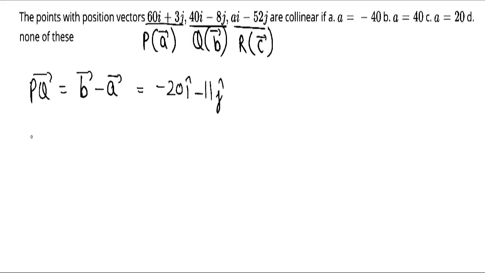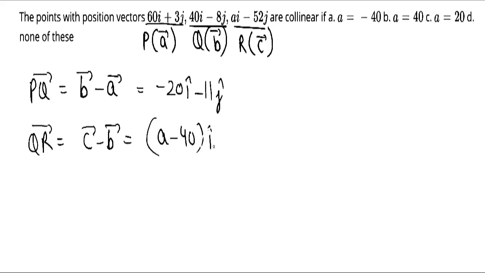Similarly QR vector will be equal to position vector c minus position vector b, so this will be equal to a minus 40, into i cap, so this will be minus 52 j cap plus 8 j cap, so this will be minus 44 j cap.